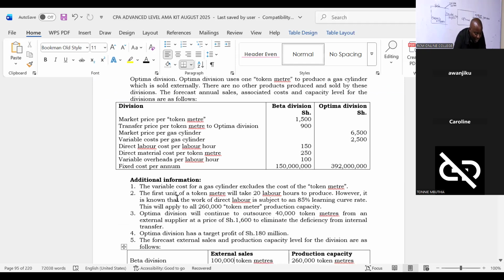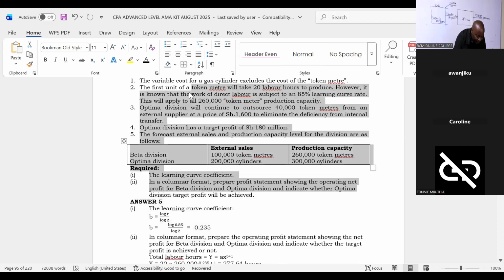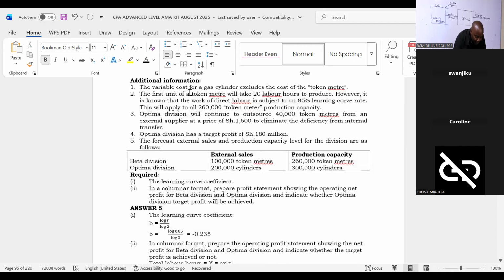We are told number one, the variable cost for gas cylinder excludes the cost of the token meter. Number three, Optima Division will continue to outsource 40,000 token meters from an external supplier at a price of 1,600, to eliminate the deficiency from external transfer. How did I get to see this, ladies and gentlemen?